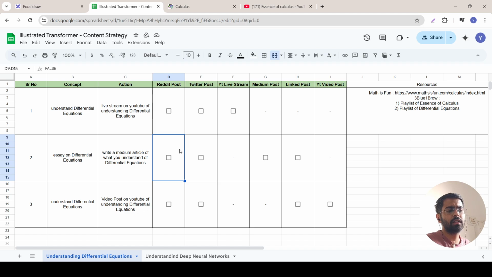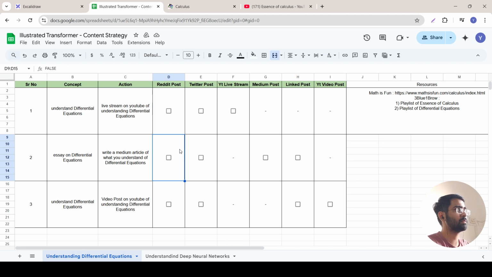And the main USP of this is that they will be able to read an article in a language that they understand. So yeah, I guess that is the main USP of this.